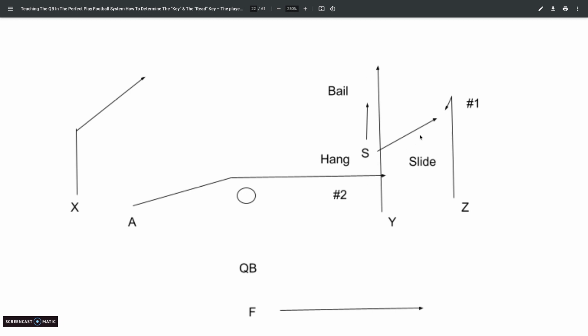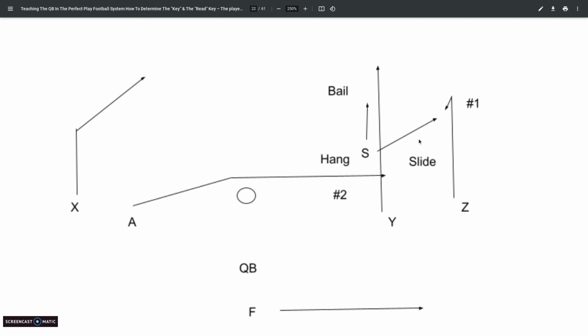If the Sam takes away the curl, sliding and covering, getting width and depth to cover the curl, then we will throw the shallow cross. Now, you also see here that we have developed a triangle with our F running a swing route to the curl side.